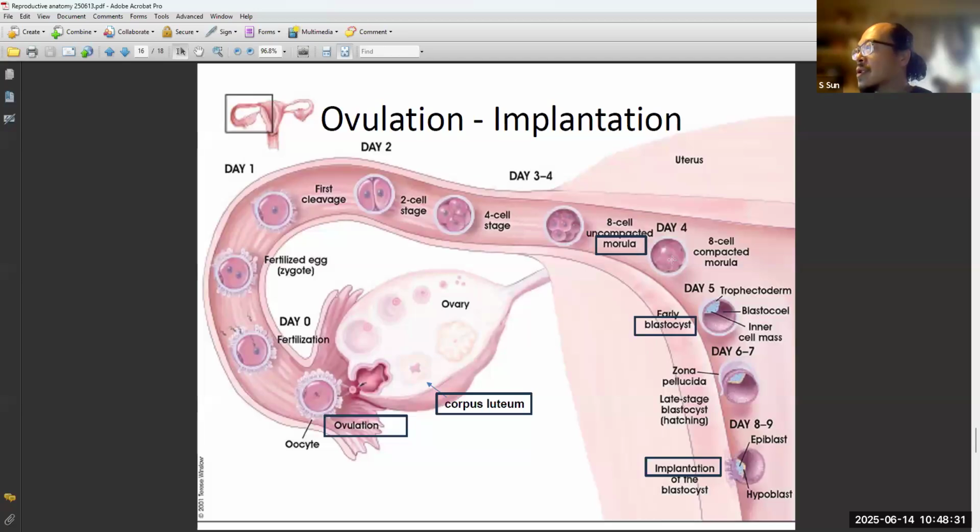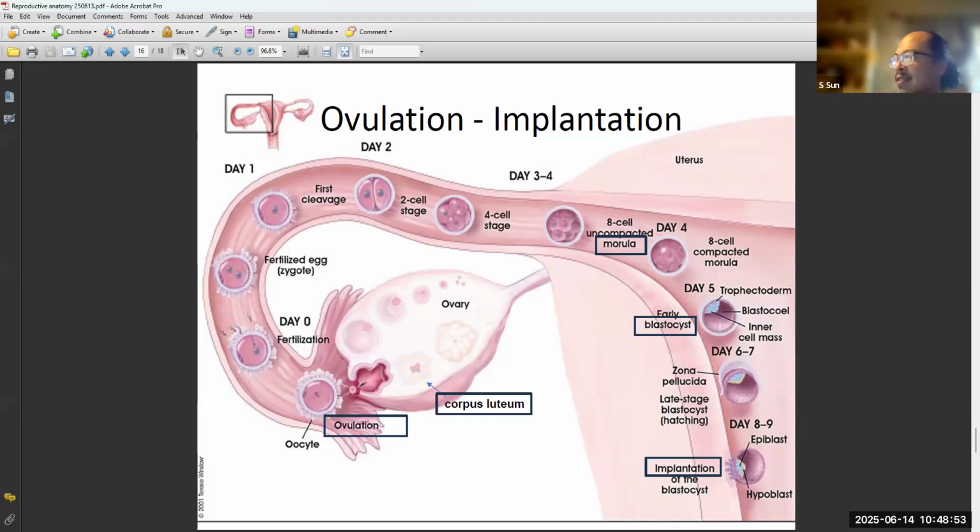We will also later see the blastocyst. That is the group of these cells. You start to see it create a fluid space right here, inside of it. The entire thing is called the blastocyst.